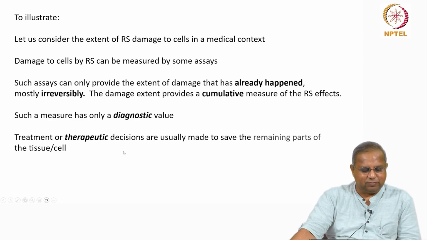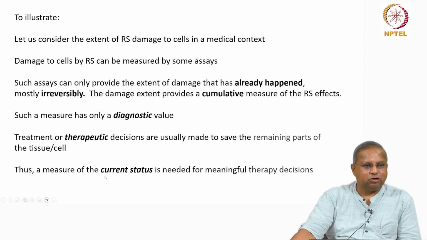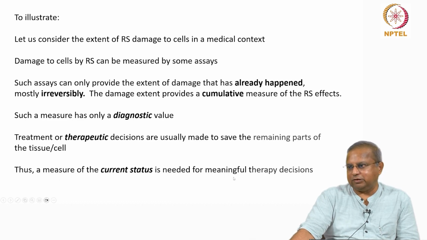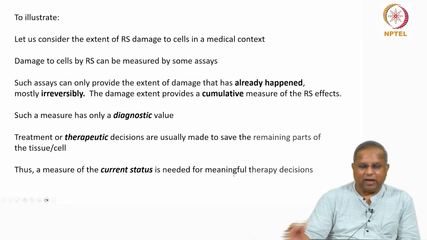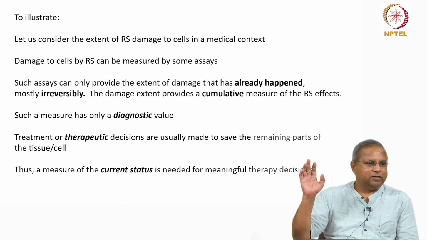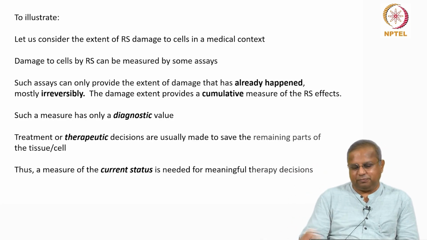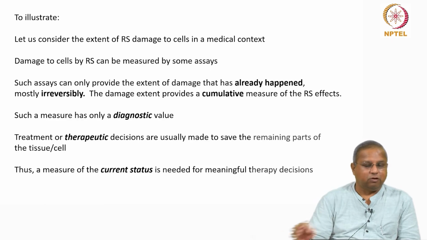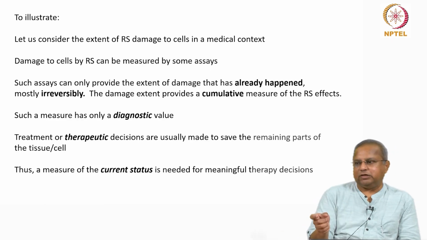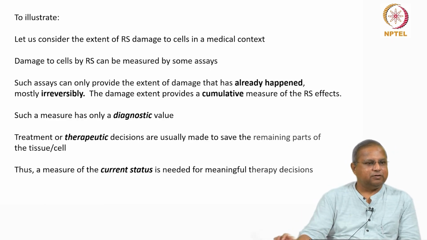So remember this. Thus, a measure of the current status is needed for meaningful therapy decisions with respect to reactive species. So assays which give you the extent of biomarkers, especially which are very common, very popular, be a little careful of basing therapeutic decisions on biomarker data.